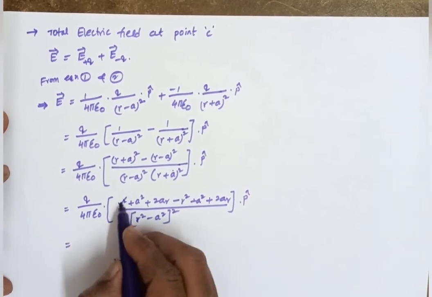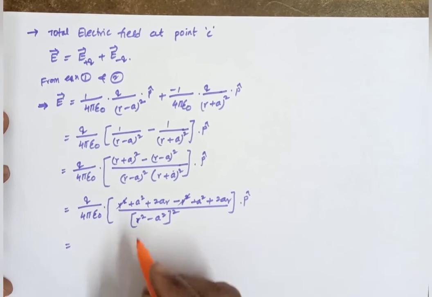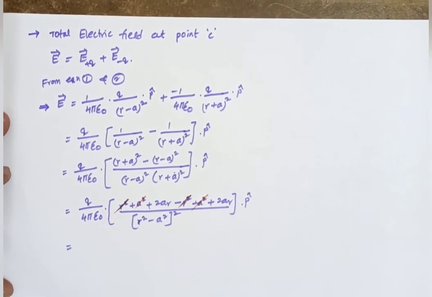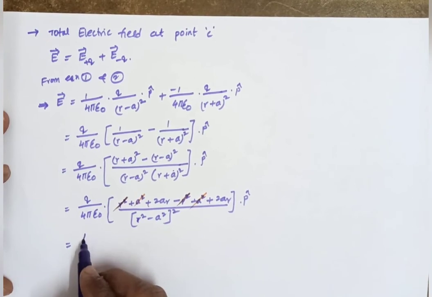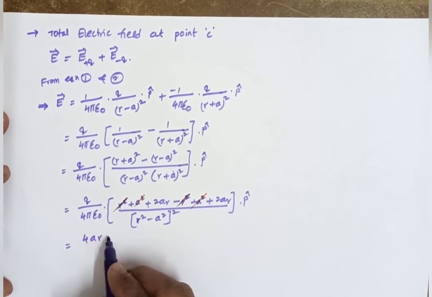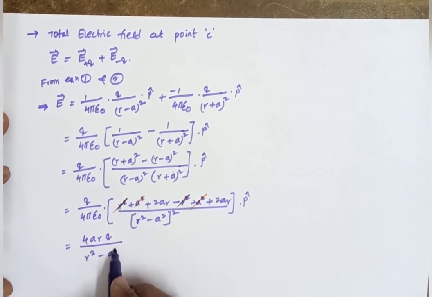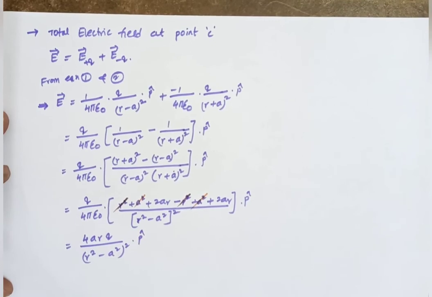R square gets cancelled, then A square gets cancelled, so remaining is 4AR Q divided by R square minus A square whole square into P cap.